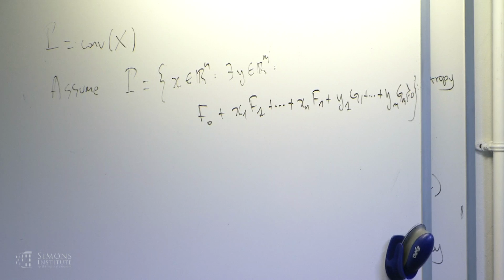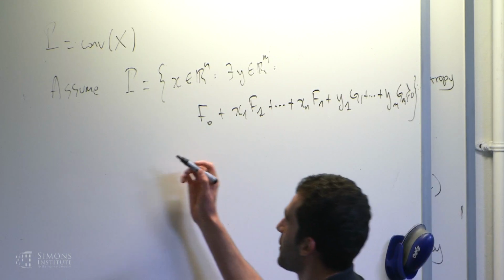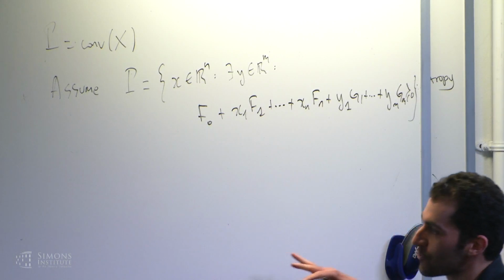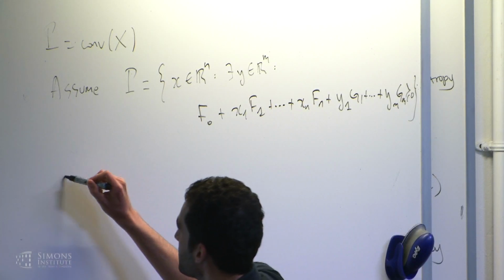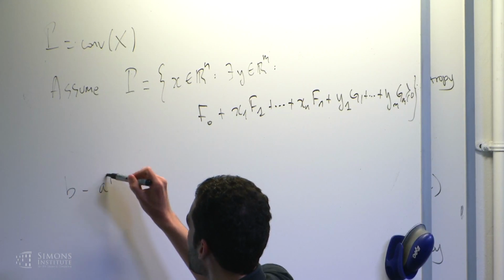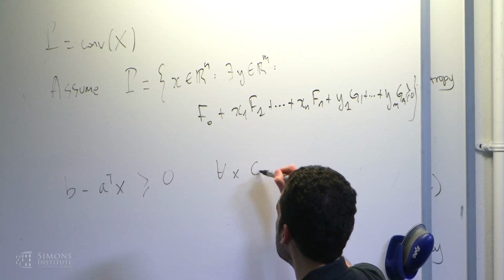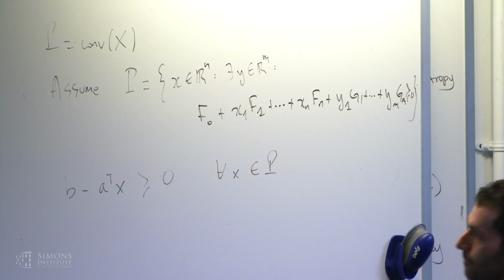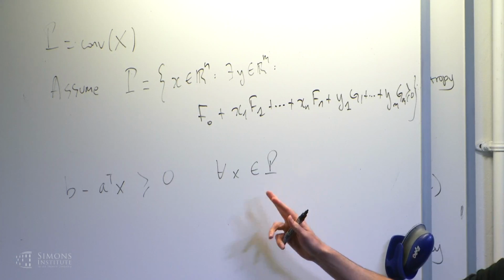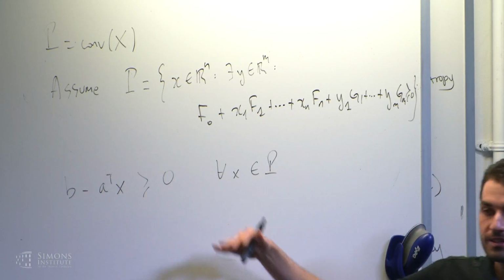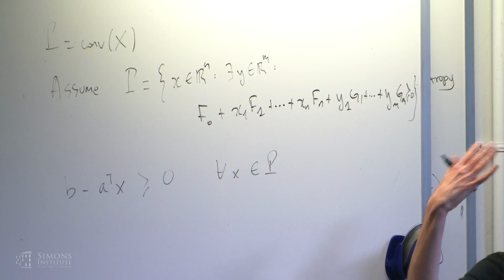So how do I do this? I look at a certain facet, so that's a certain row of my matrix. B minus A transpose X is non-negative for any X in P. But then I can also think of this as a valid inequality on my convex set upstairs.